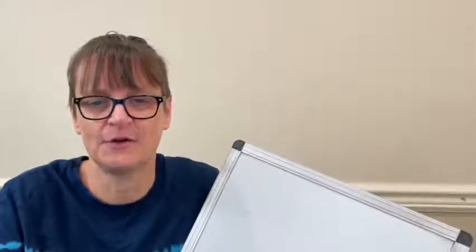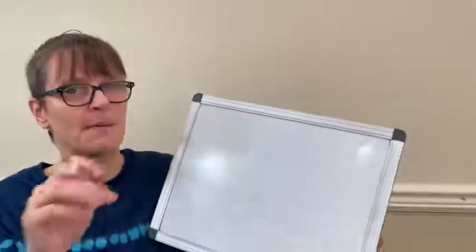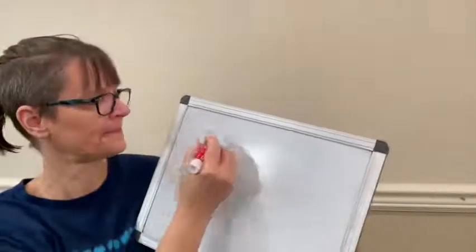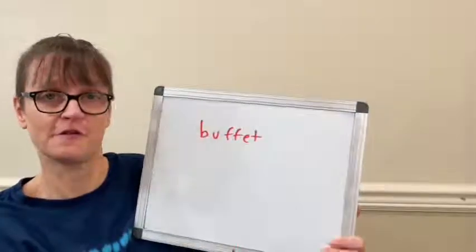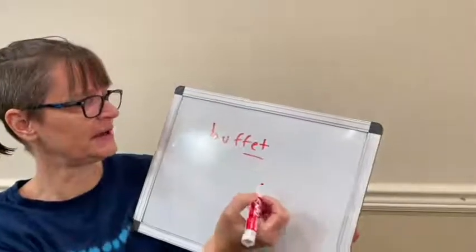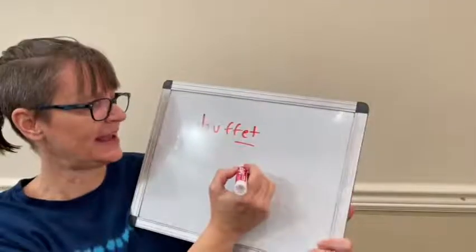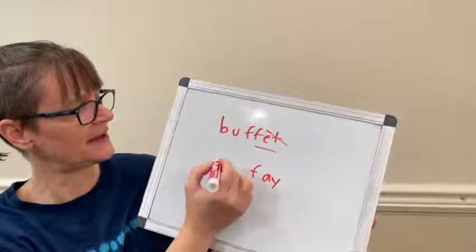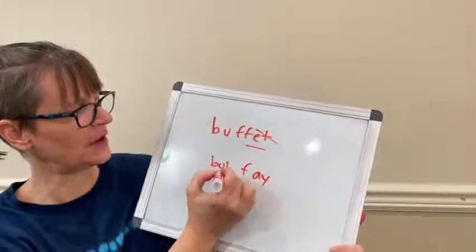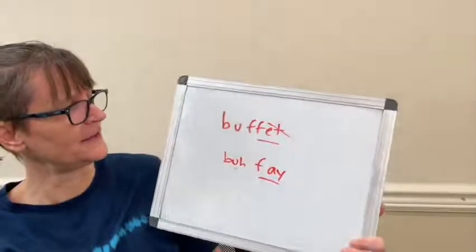So we had a question about the word buffet. Buffet, another French one. Second syllable stress. Letter E says the A vowel, and the T is silent. And then the first syllable has our schwa, so buffet. So, eating at the buffet.